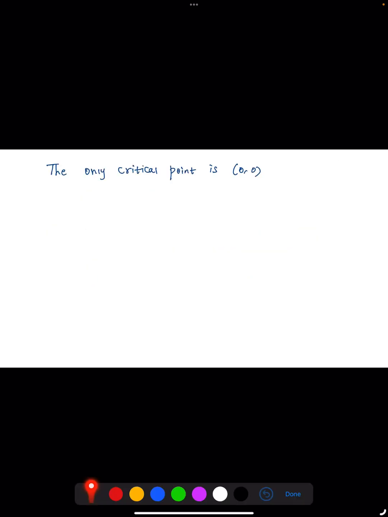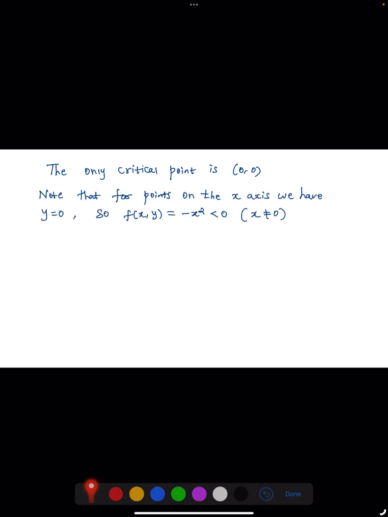Now the only critical point here is 0 comma 0, and this point tells us that it will not be a maximum or a minimum. Note that for the points on the x-axis we have y equal to 0. Therefore when you substitute y equal to 0, f of x comma y is minus x square, which is less than 0 where x is not equal to 0.